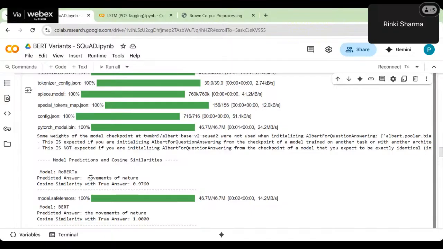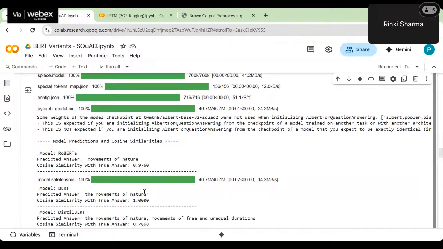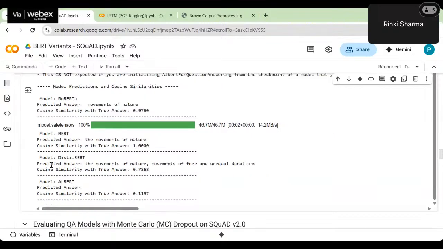DistilBERT is also predicting the answer which is matching the ground truth, but with some additional information. So this degrades the value of the cosine similarity.